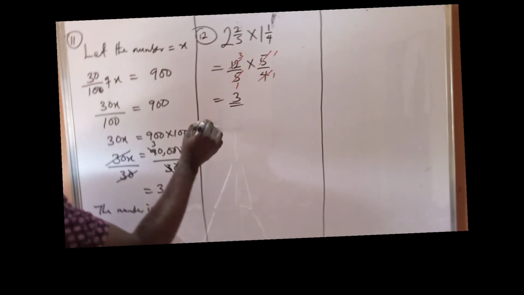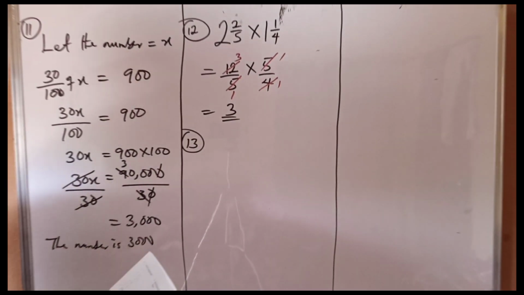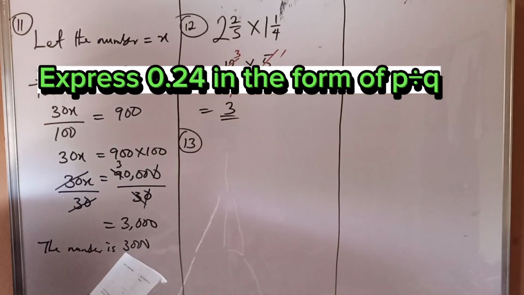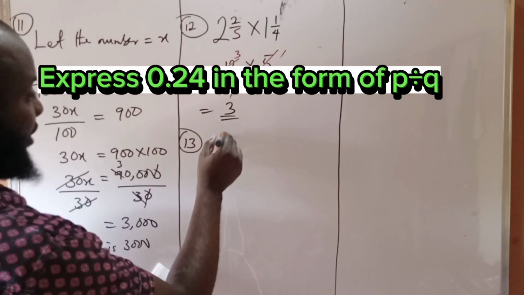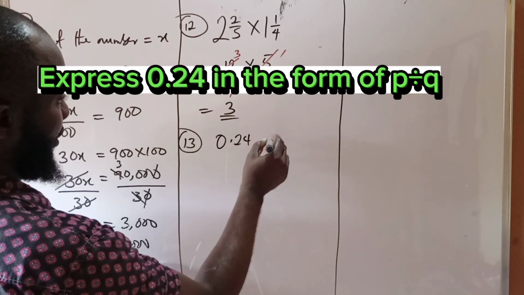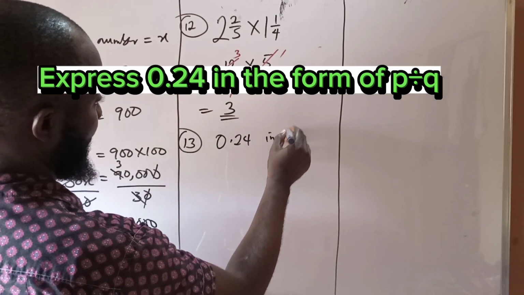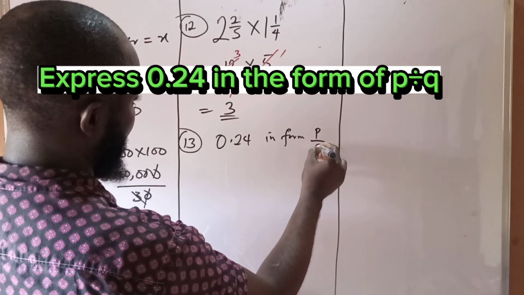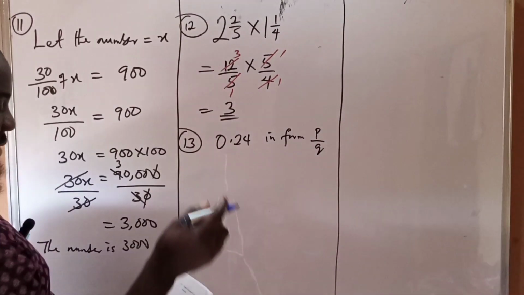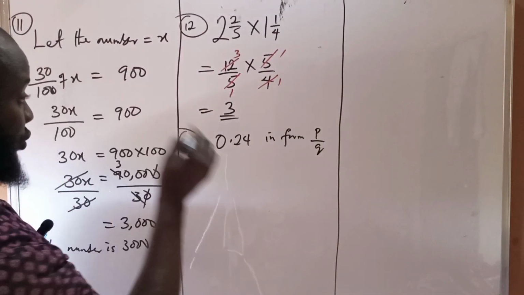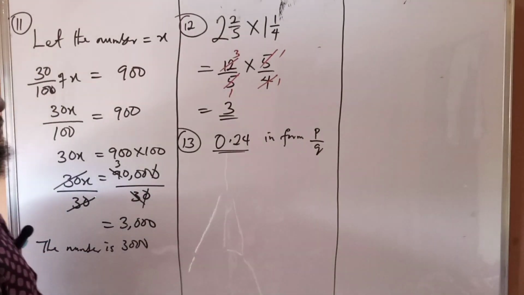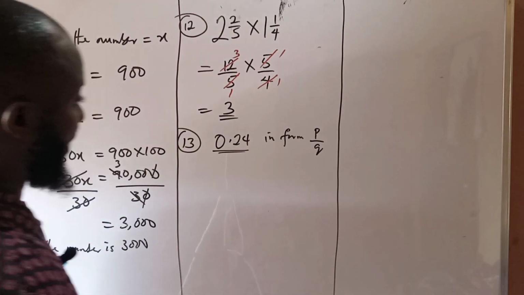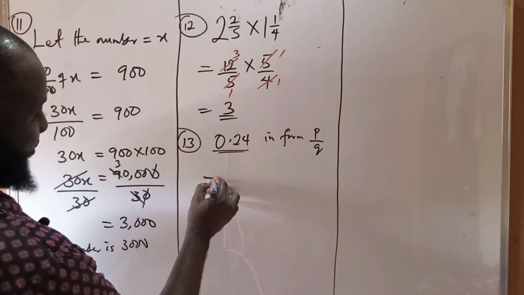So number 13. Express 0.24 in the form of P divided by Q, in its lowest term. You have to express 0.24 in this form. In essence, they are saying to change the decimal to a fraction.